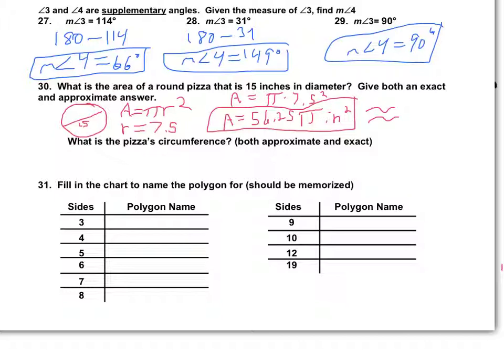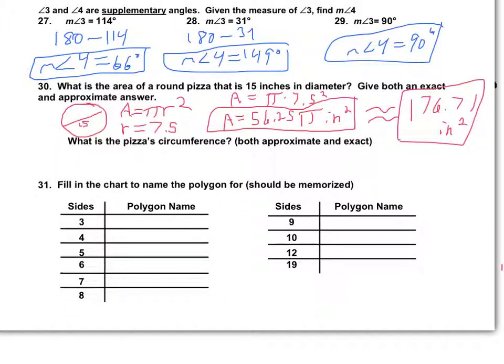So 56.25 times, and then use the pi button. Instead of 3.14, use the pi button. And it's approximately 176.71 square inches. And again, what that means is in a 15-inch pizza, in a large pizza, you could have 176, almost 177 little 1 by 1 squares that would fit inside of it.